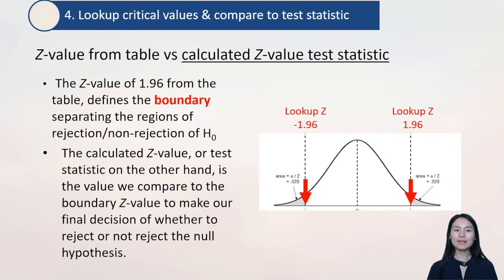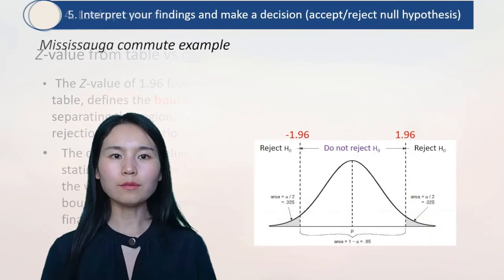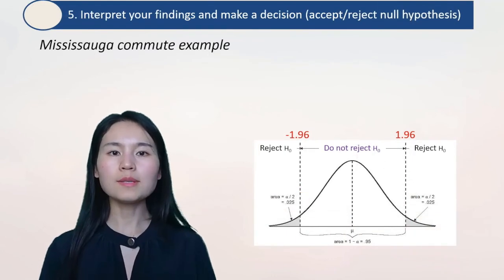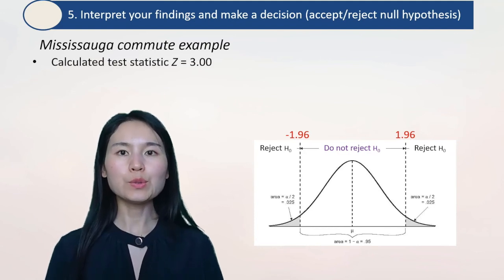And the calculated z-value or test statistic, on the other hand, is the value we compare to the boundary z-value to decide whether to reject or not reject the null hypothesis. The calculated result, recall, was z equal to 3.